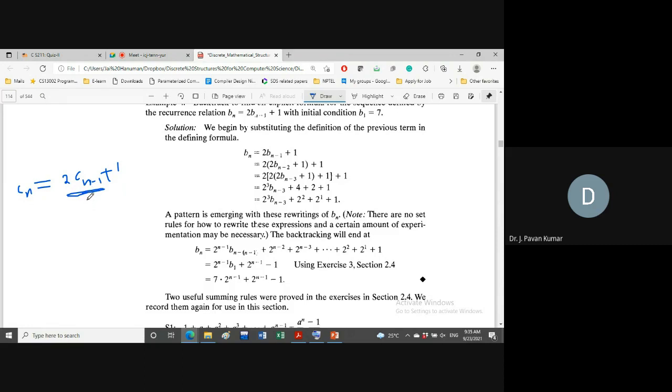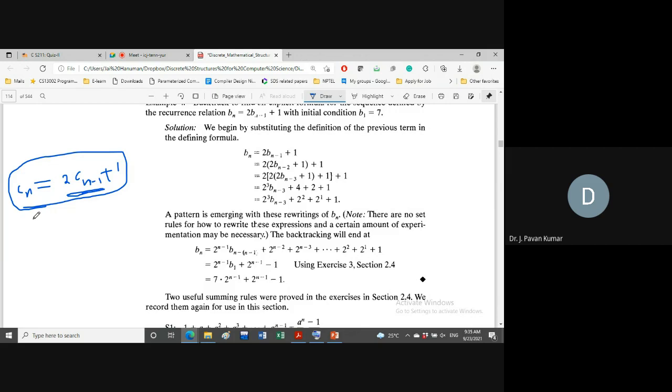Next, from this recurrence relation, how can we obtain the explicit formula? This recurrence relation gives a sequence like C1, C2, C3, C4. We will get some sequence. The sequence can have two types of formulas: one can be a recursive formula, another one can be an explicit formula.